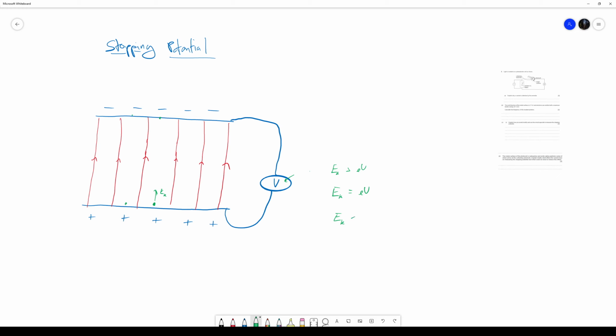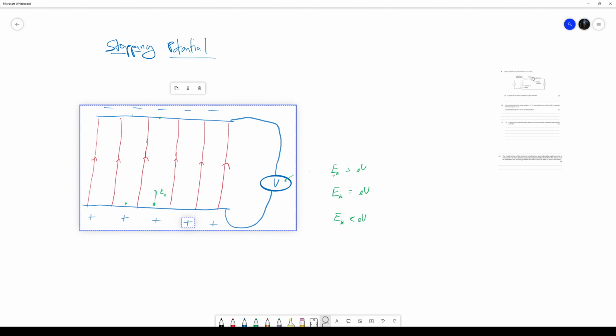What happens if Ek is less than eV? Then the electrons get to here and they fall short and they fall back down again. So three slightly different setups, depending on whether the kinetic energy that the electrons have to begin with is less than, greater than, or equal to the charge times that potential difference.